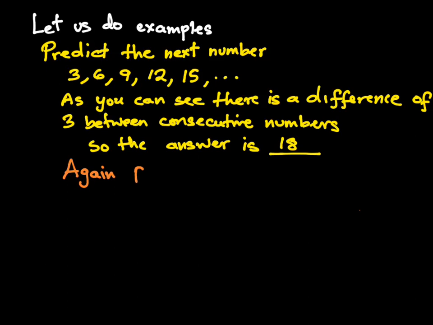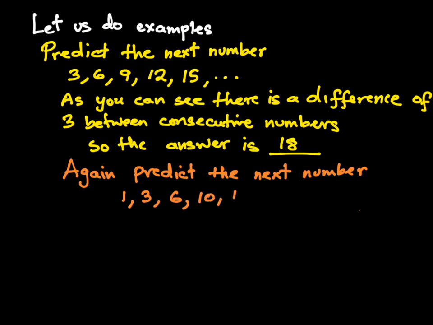So let's do one more example. We need to predict the next number again. Now this time you have 1, 3, 6, 10, 15, and you have to see what the pattern is. So 1 plus what is 3? 2, right? 3 plus what is 6? 3. 6 plus what is 10? 4. Then so on and so forth.